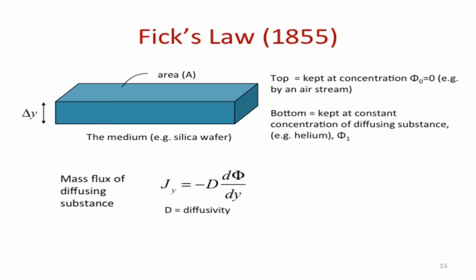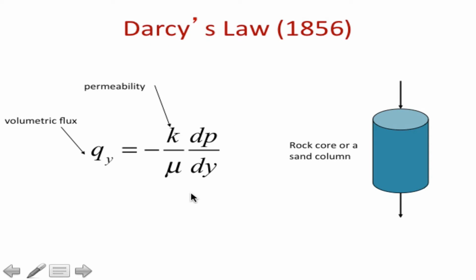So again, I have a very similar law, and again, I'm always flowing from larger to smaller, in this case concentration, and that in itself is against a coordinate system, because coordinate systems point from smaller to larger. So I will again have this negative here. And then finally, in porous media, of course, we have Darcy's law, again a linear law.